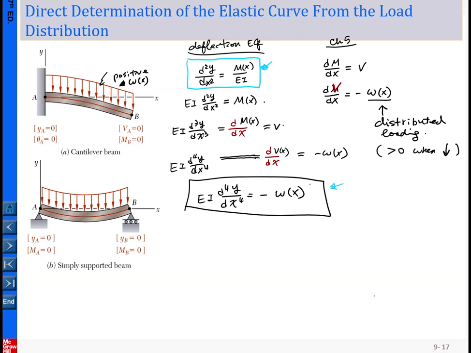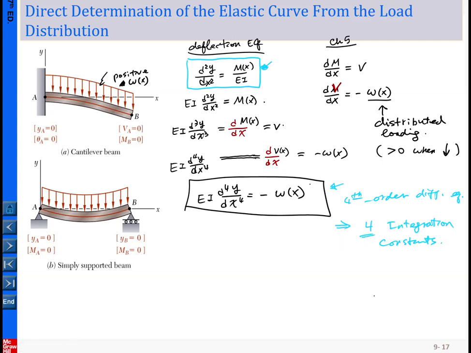On the other side, this equation is a fourth order differential equation, so you have to integrate four times. Once you integrate four times, you will come up with four integration constants.